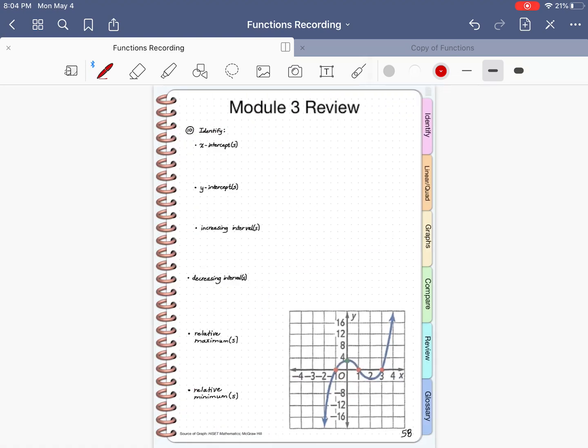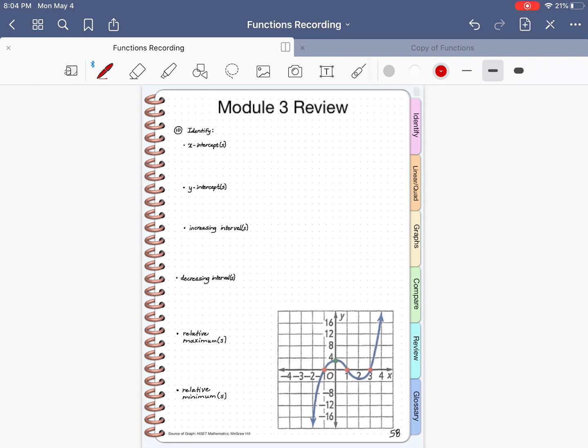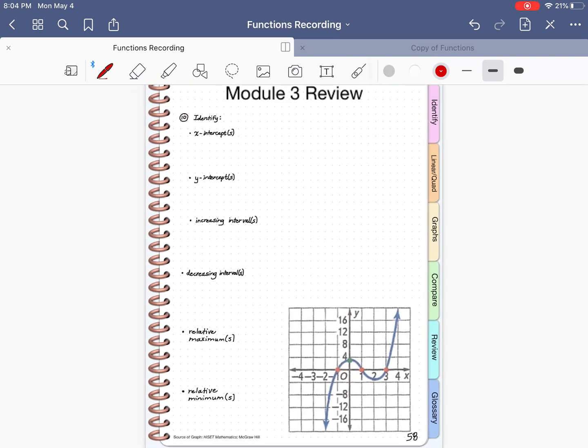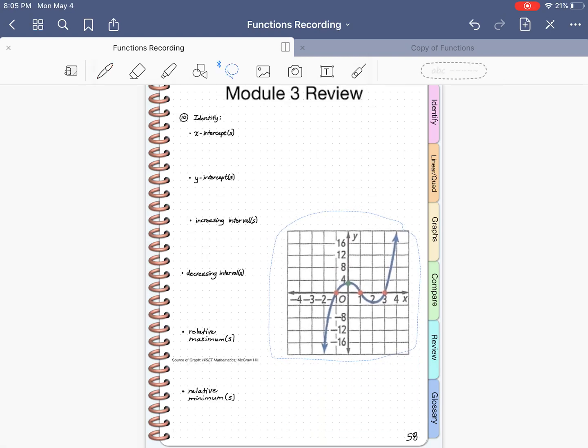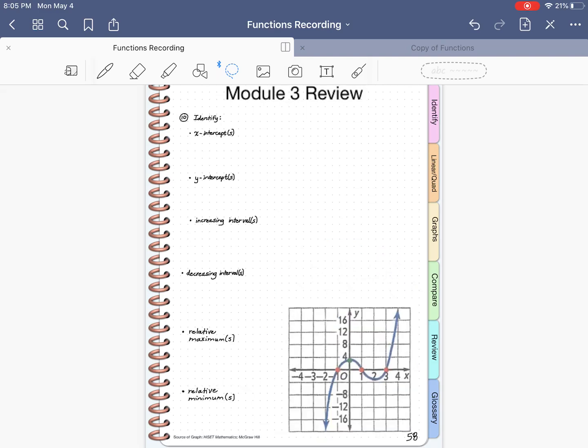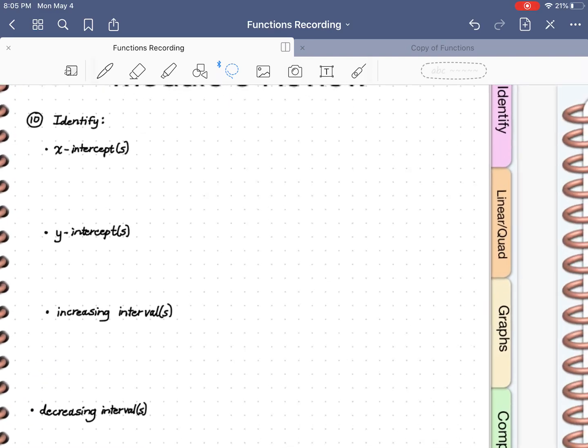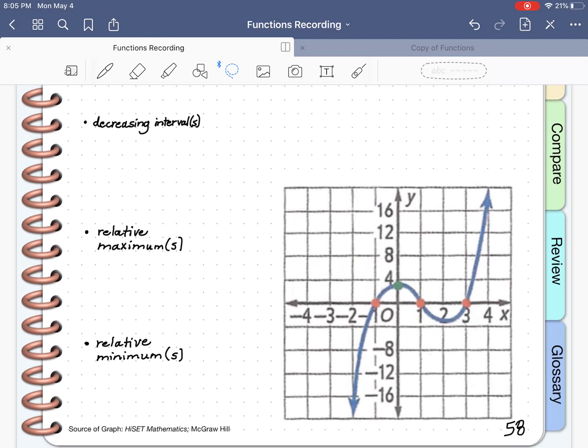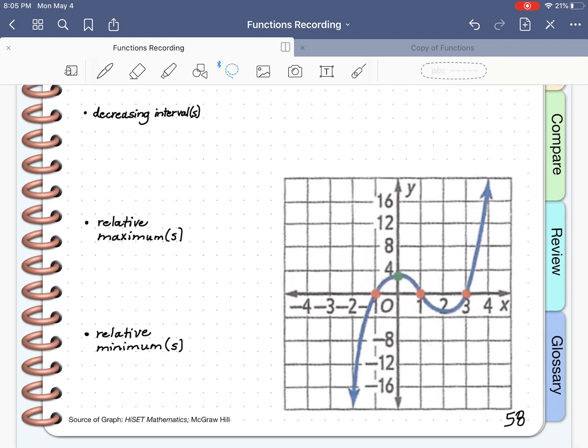All right, number 10. We are given this graph and we're asked to identify these pieces. All right, so the x-intercepts of this graph. I see 3 of them. They're those red dots.